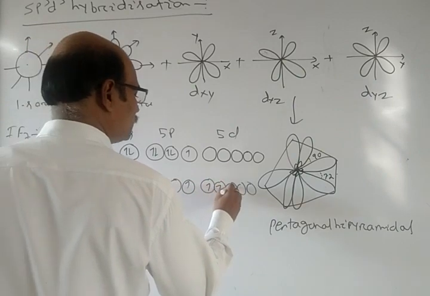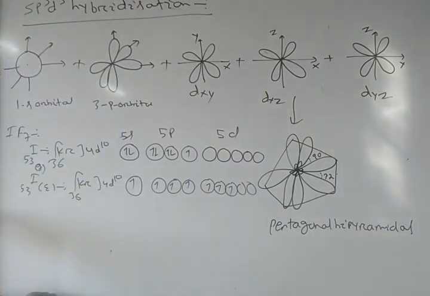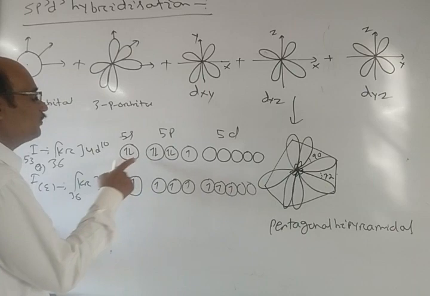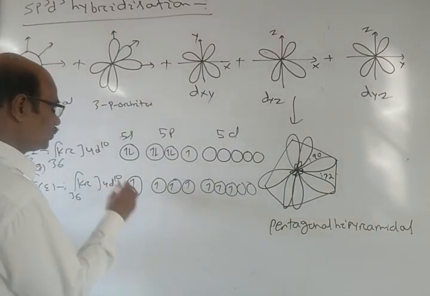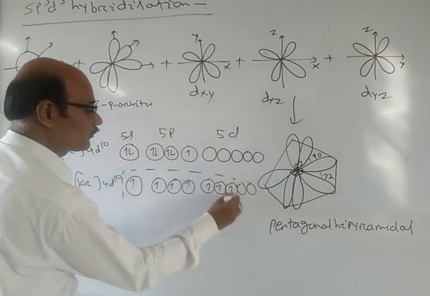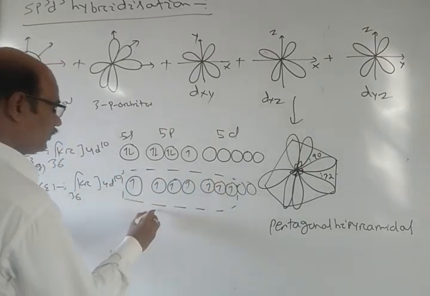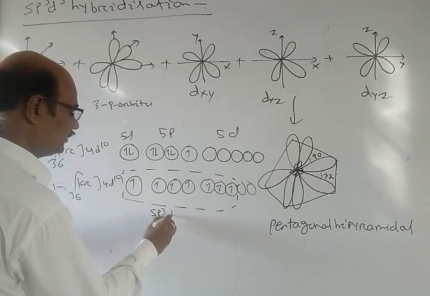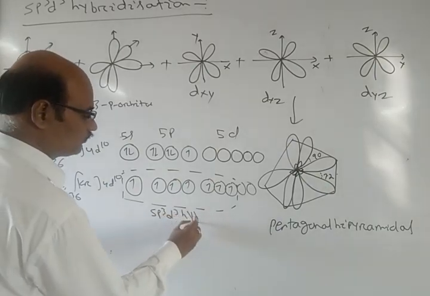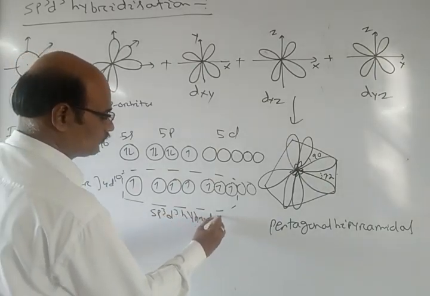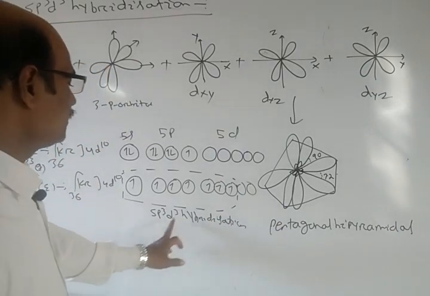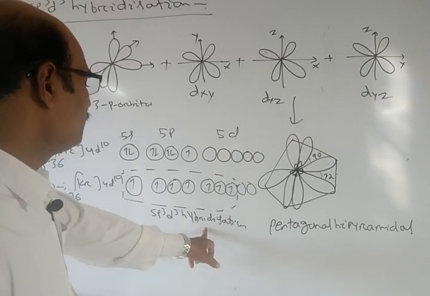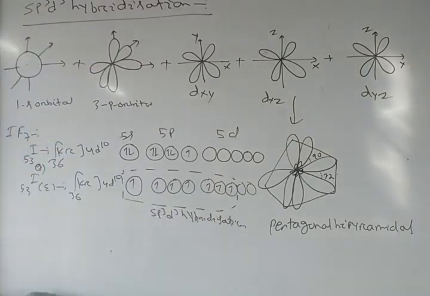So 2 electrons from the 5p and 1 from 5s2 are excited to 5d. So we will get sp3d3 hybridization. So we have 7 hybrid orbitals remaining as unpaired.